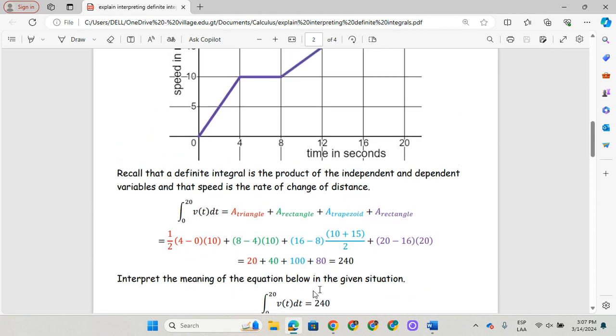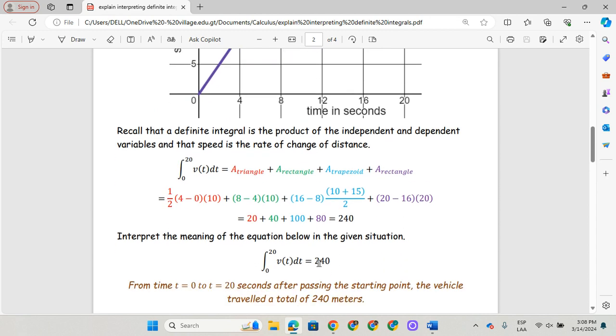So, what does it mean? Interpret the meaning of the equation below in the given situation. The integral from 0 to 20 of v of t dt equals 240, or it should be 260. It means from time t equals 0 to time t equals 20 seconds after passing the starting point, the vehicle traveled a total of 260 meters.